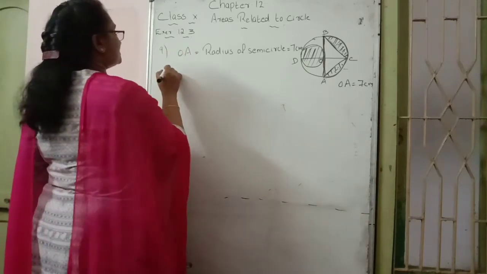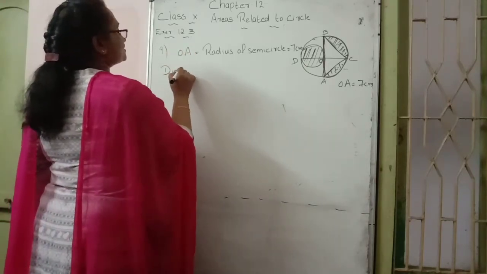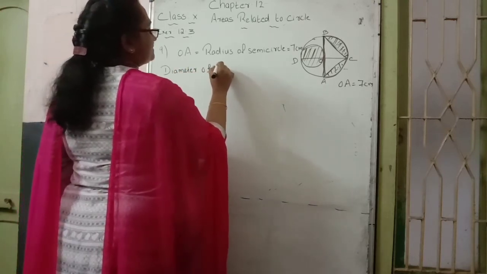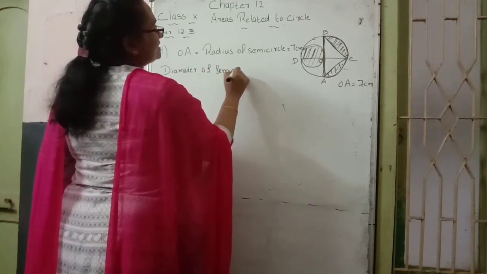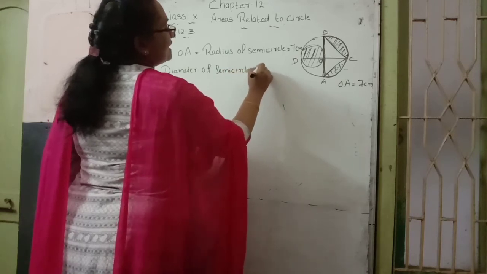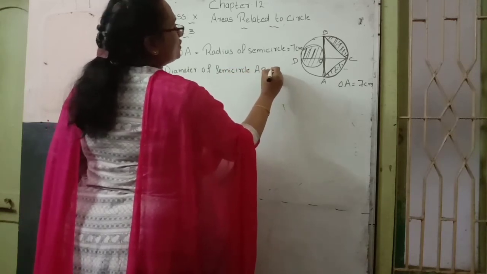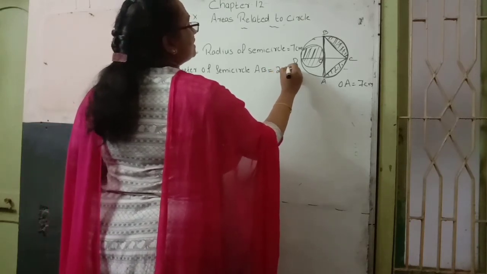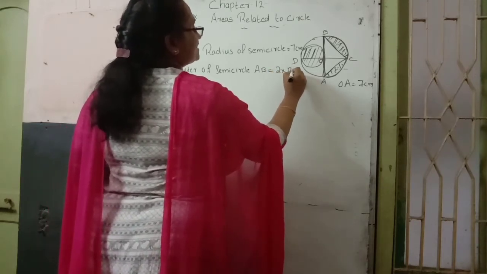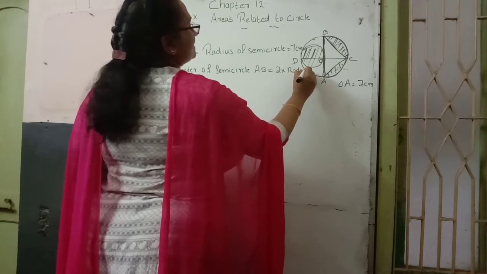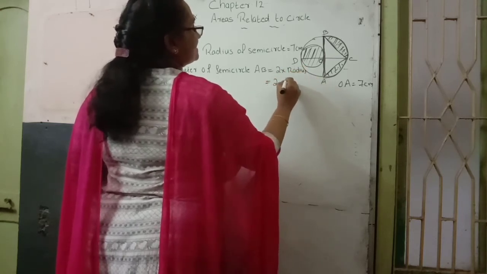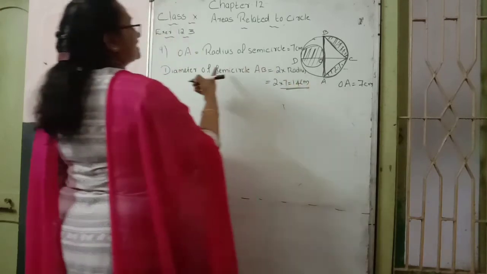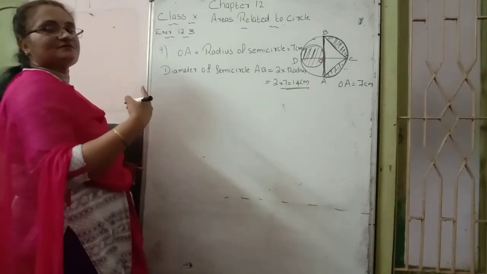That's why we can write the diameter of the semicircle AB is equal to twice the radius, that is 2 into 7 becomes 14 centimeters.